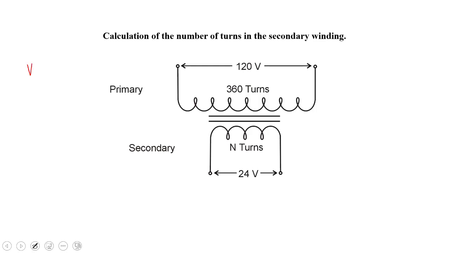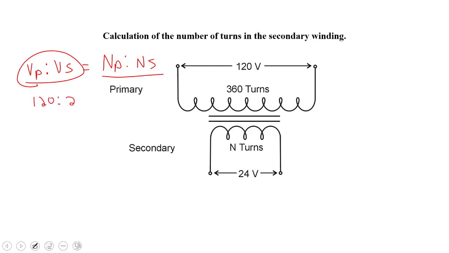So we know the voltage on the primary is to voltage on the secondary is equal to the same ratio as number of turns on the primary to number of turns on the secondary. So if I can figure out this ratio, then I know this one.